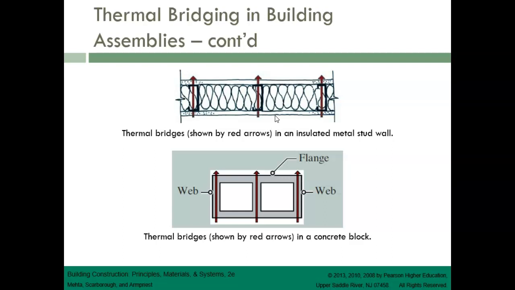Wherever I have solid pieces of that block wall, like the webbing of the block wall, that energy is going to transfer through those webs faster than it would through an insulated core of the block. Even with just air in the block, the energy is going to transfer through the cores at a slower rate than through the solid portions of the webs. So thermal bridging is a term that we would need to remember here.